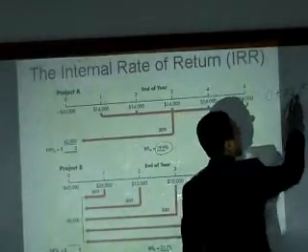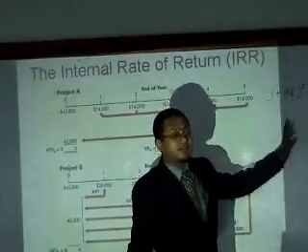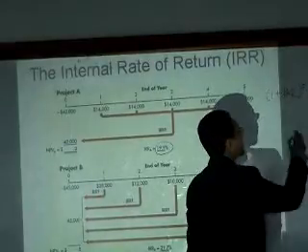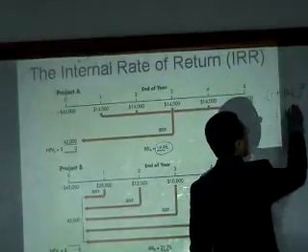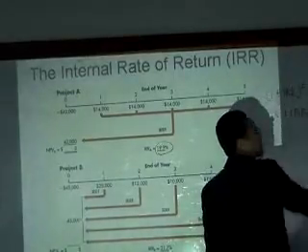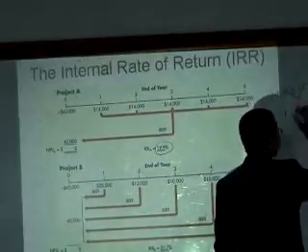So what you do is eliminate the power of 5, just take the fifth root, right? So 1 plus IRR equals how much? The fifth root of 0.3333 is 0.8027.